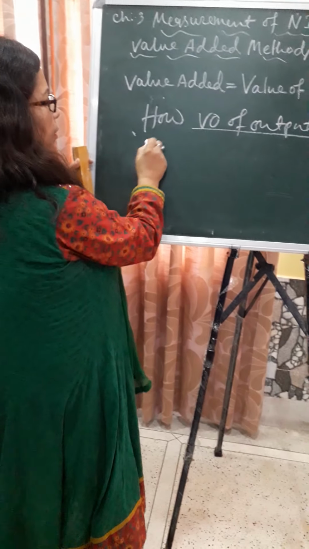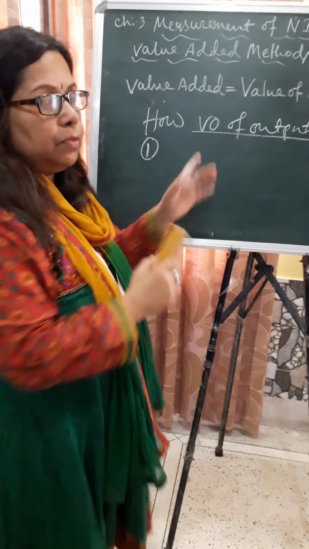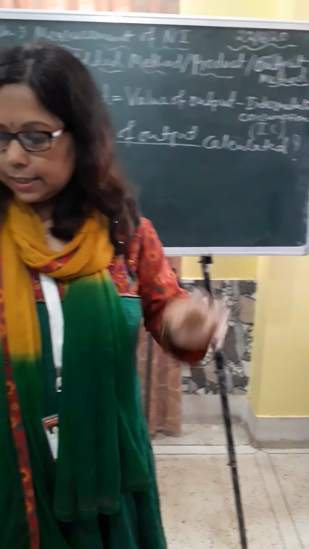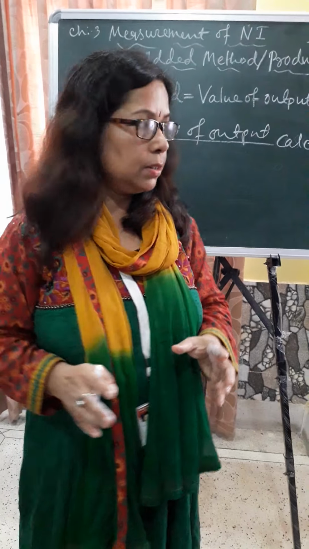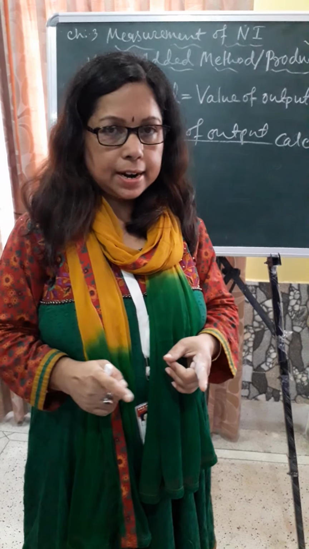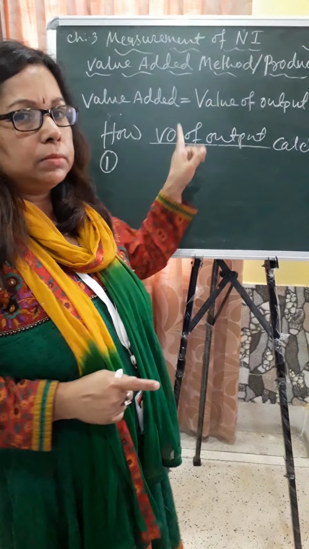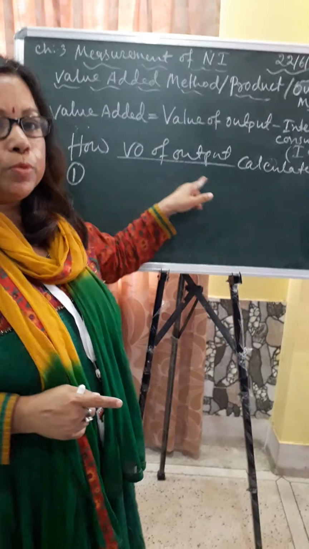Number one: if the entire output of final products in a year is sold in the market, then it is called value of output or sales.